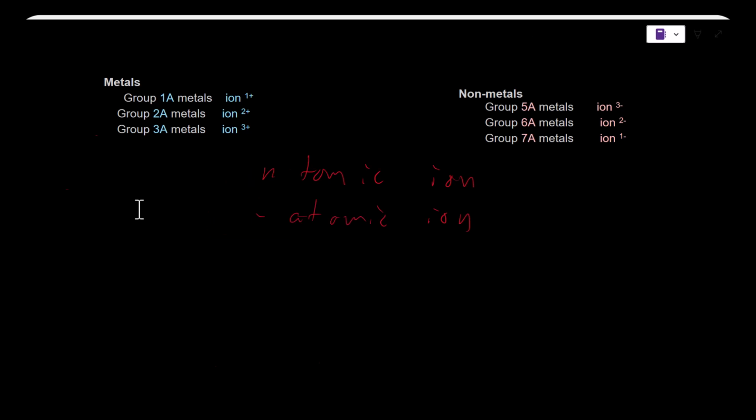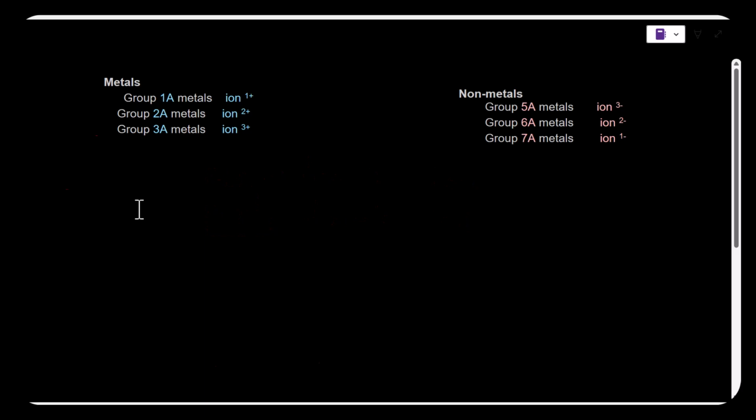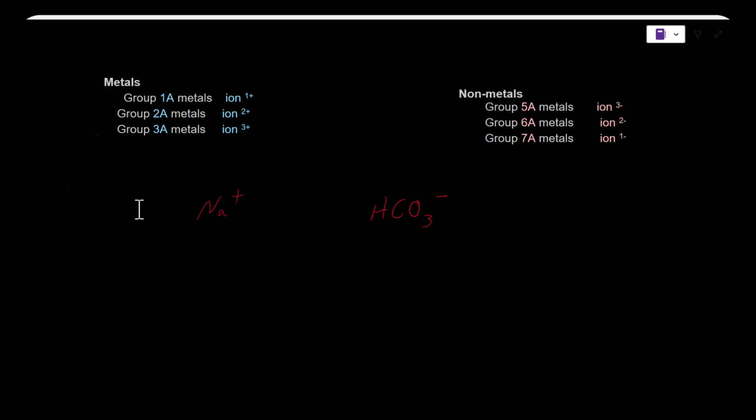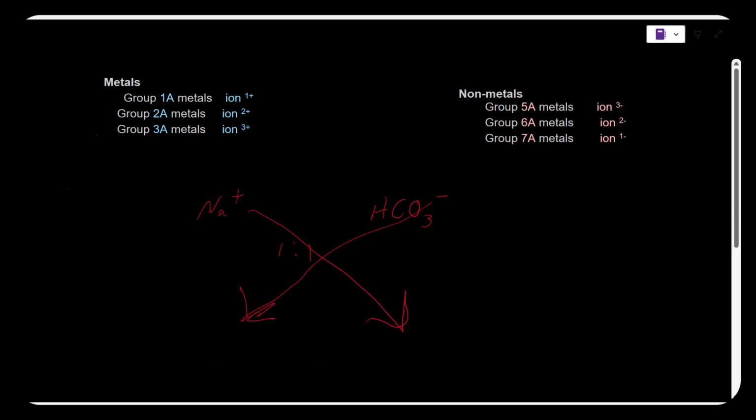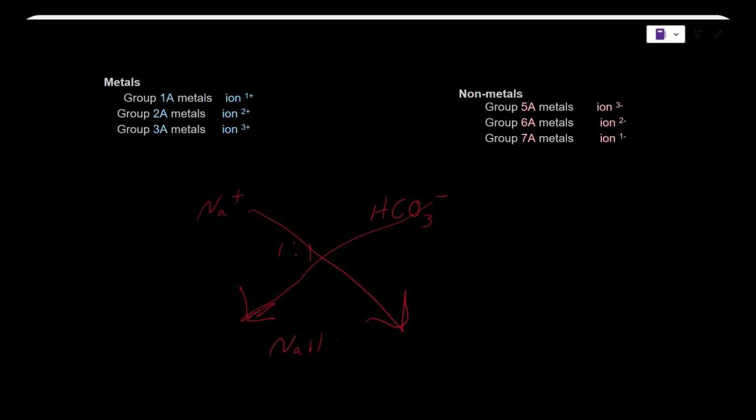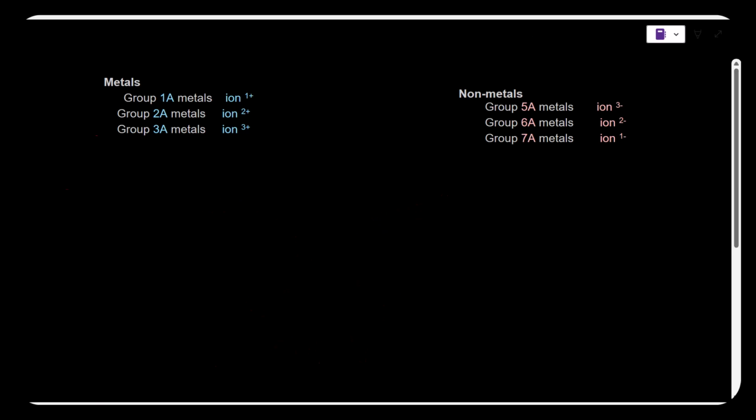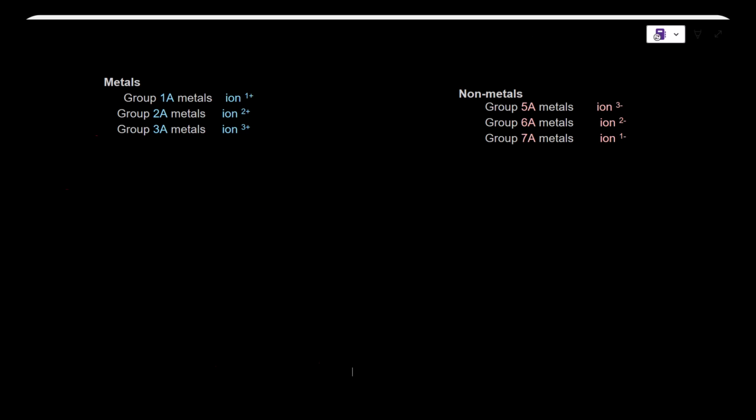So let's look at some polyatomic ionic compounds. We have the sodium ion and the bicarbonate ion, and these are a 1-to-1 ratio and cancel out very nicely, so it would just be written like this. And I'll show you a polyatomic ion that is not a 1-to-1 ratio, just to show you how the crisscross method would work with that too.